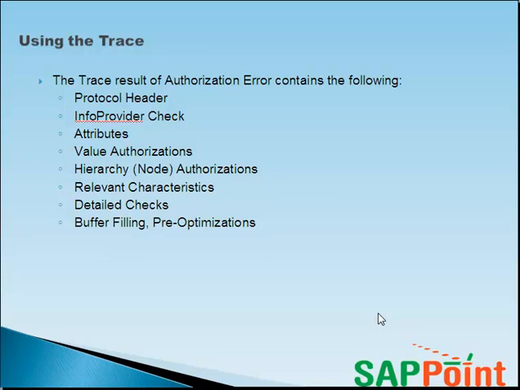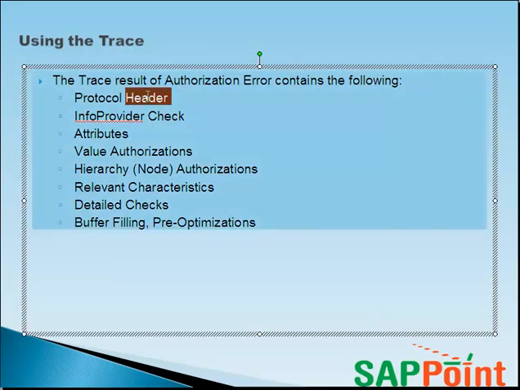So the result of the trace contains these pieces of information. And the first is the protocol header. At the beginning of each protocol, there is a header that contains the time and date of the executed authorization check.